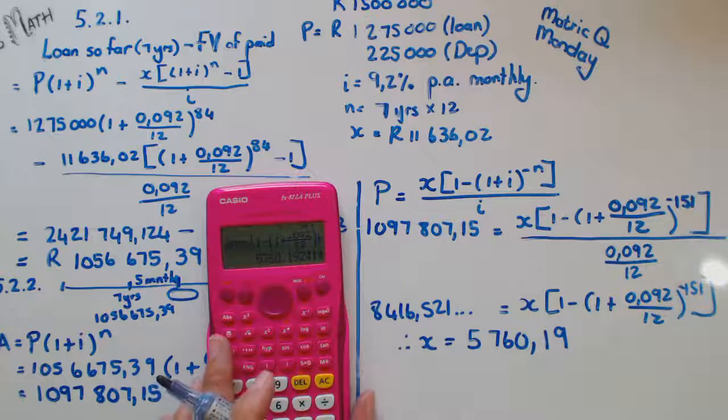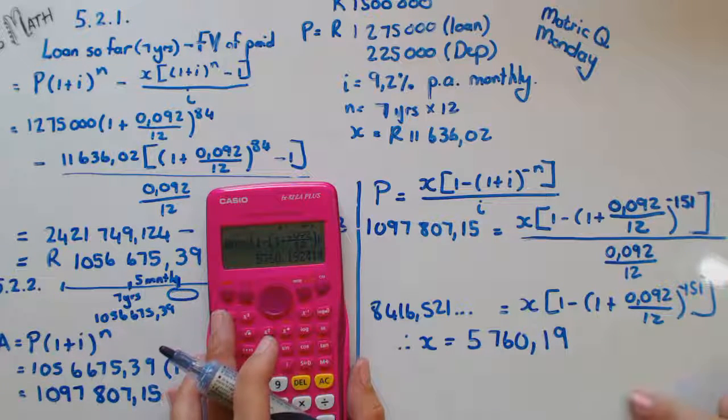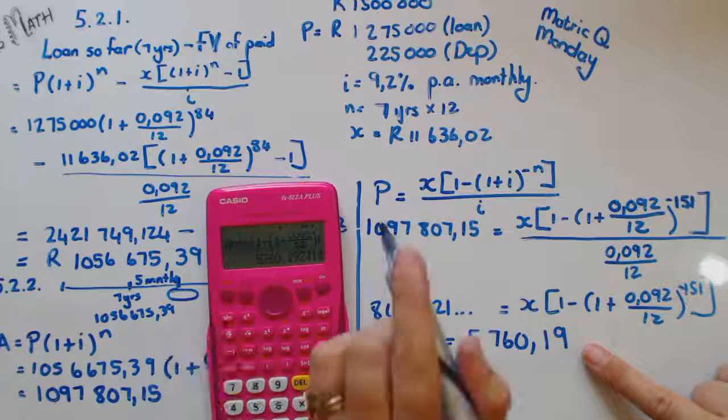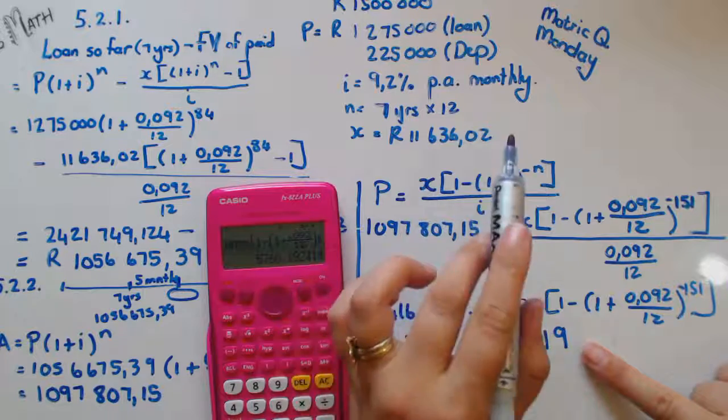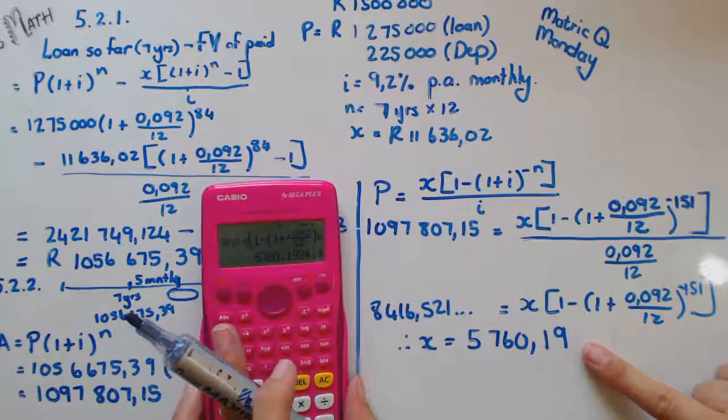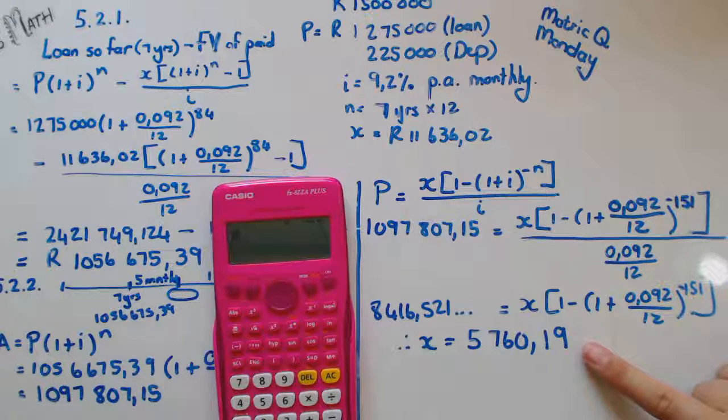Okay. This answer still does not make sense to me, because the original installment was 11,000, and my installment should not be smaller. So I'm just quickly searching for my mistake there.